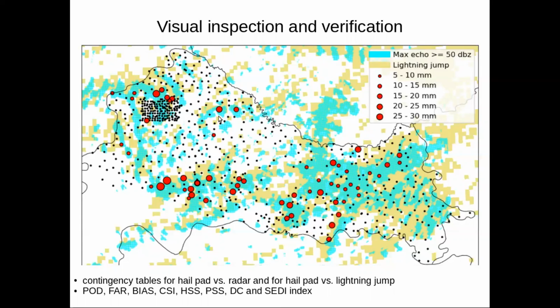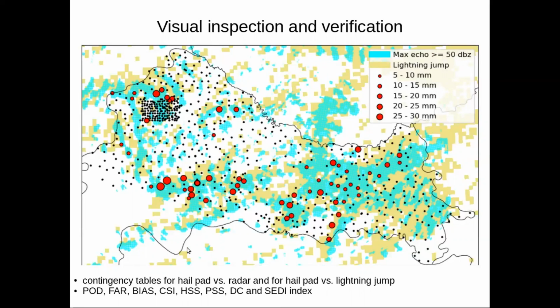Blue color indicates maximum reflectivity larger than or equal to 50 dBz, while brown points are showing locations where we computed the lightning jump.